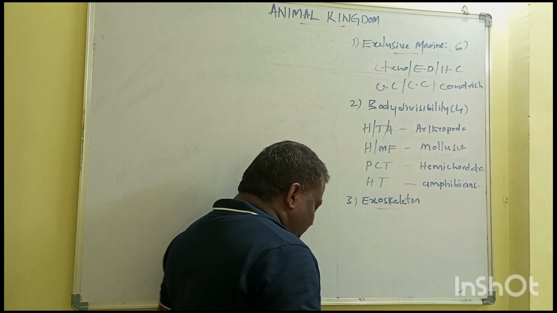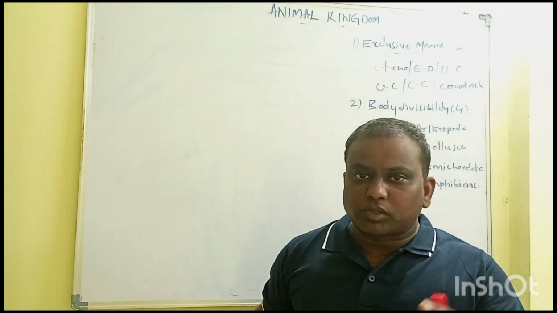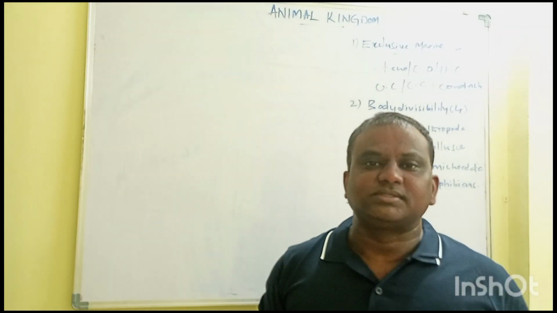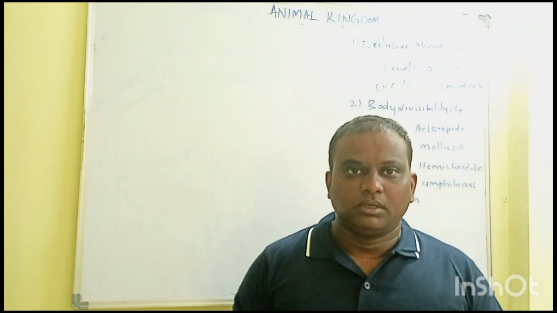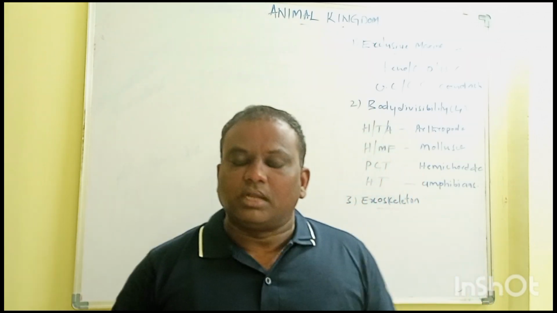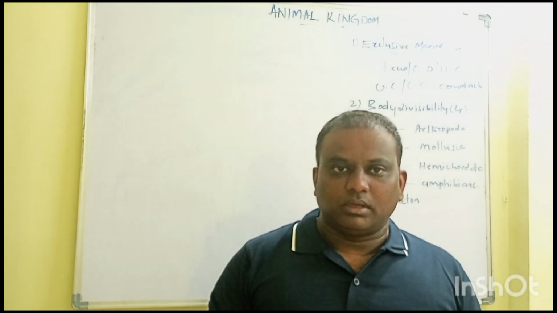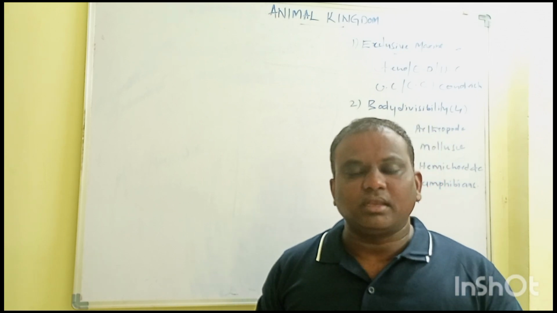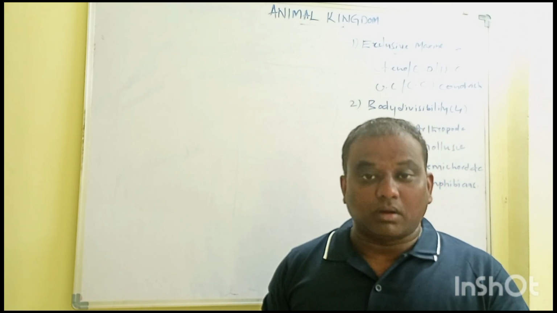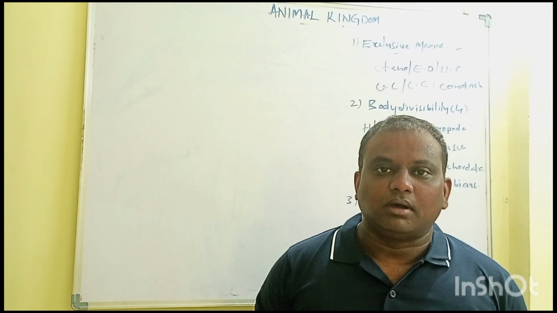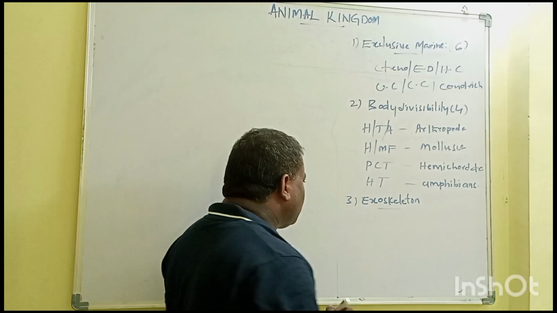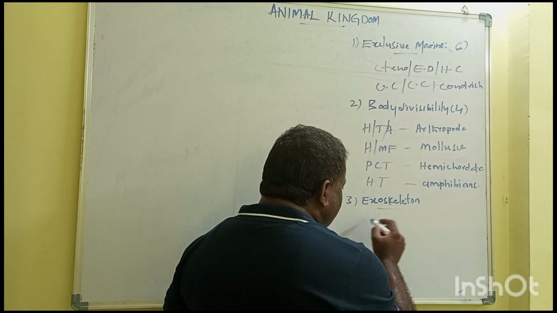Exoskeleton and endoskeleton are very important for the exam. When it comes to the exoskeleton, there are spongin fibers and spicules in Porifera, calcium carbonate corals in Coelenterata, chitinous exoskeleton in Arthropoda, calcareous shell in Mollusca, and finally calcareous ossicles, which we can see commonly in echinoderms. So these exoskeleton and endoskeleton types are very important for the exam.